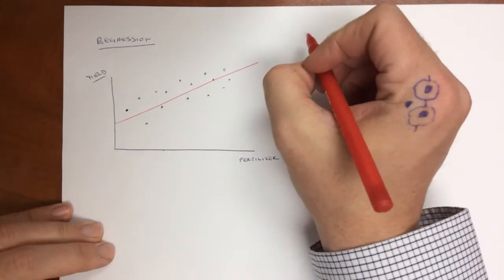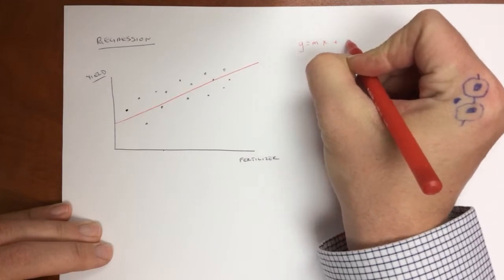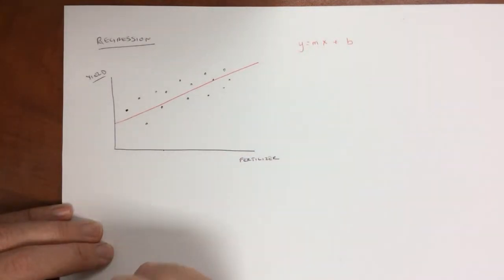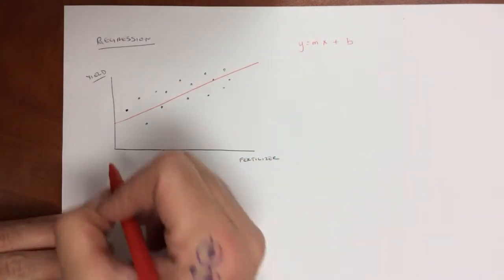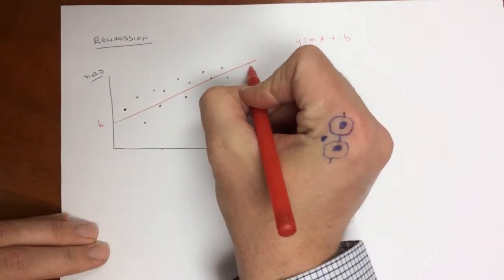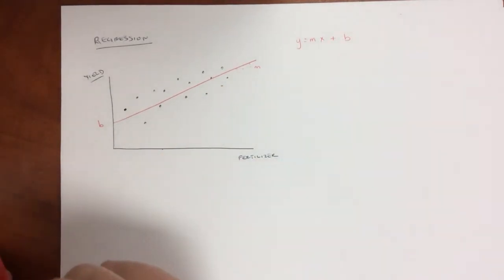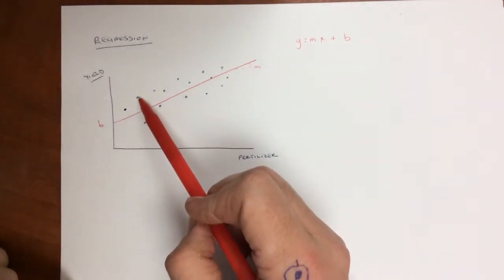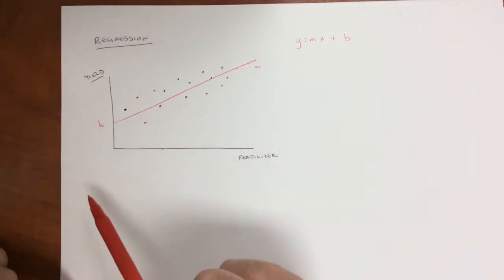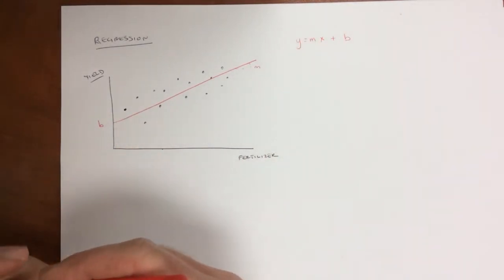Now, before we described a line as y equals mx plus b. And that's going to be the same concept here. So here we have b, which is our y-intercept, and here we have our slope, which is m. But we notice here that there's these differences between the dots and the line. So this isn't quite sufficient for what we're going to do with regression analysis.